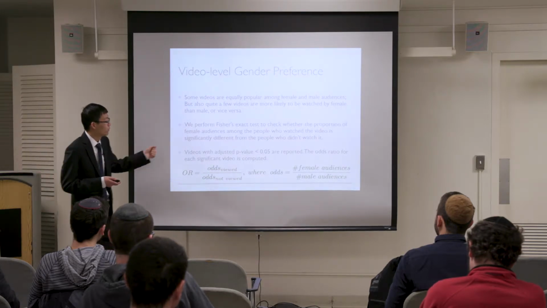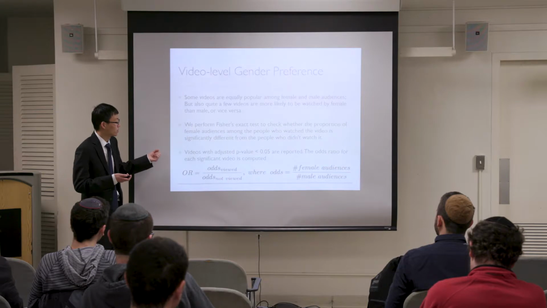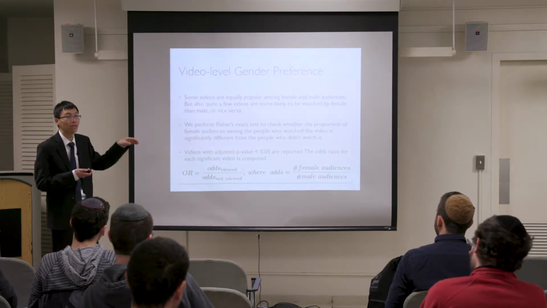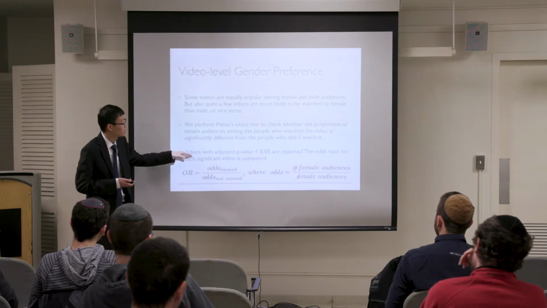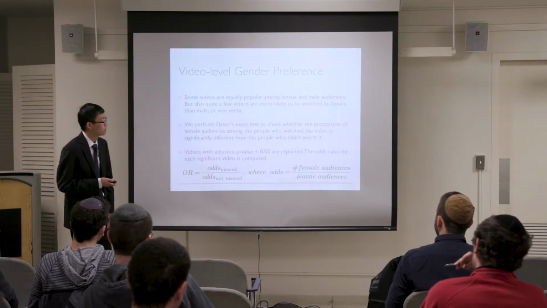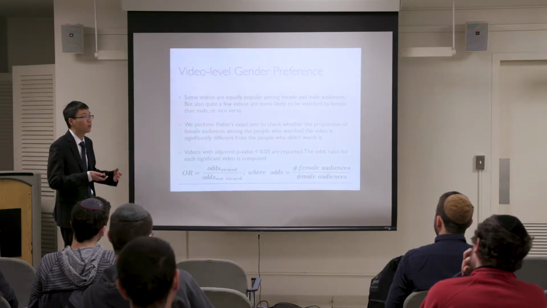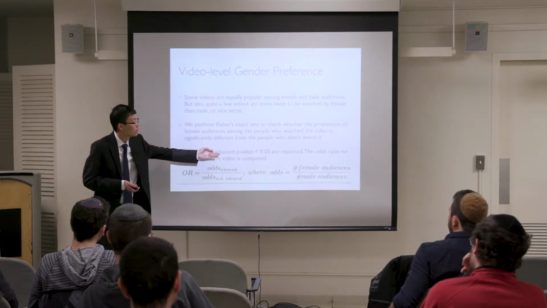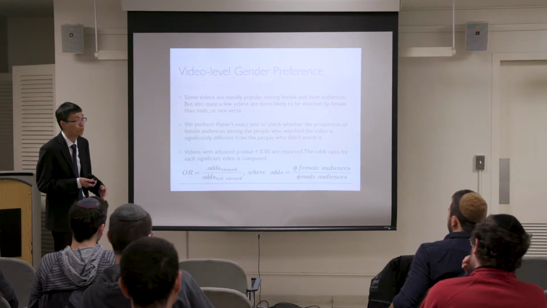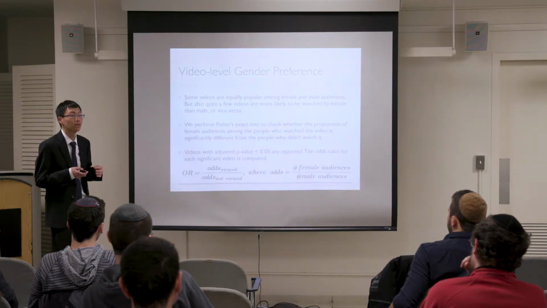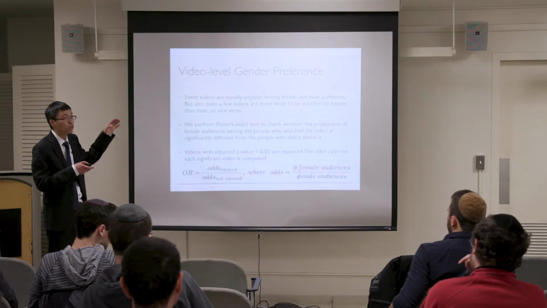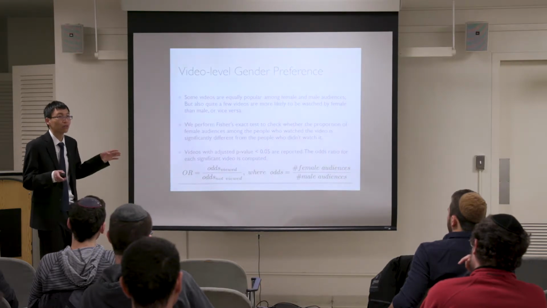Because this is a multiple testing problem, we repeatedly tested, so we adjust the p-values with FDR or Bonferroni adjustment. Then the videos with adjusted p-value less than 0.05 are reported as significant videos. We say there is a significant difference between the people who watched the video and the people who didn't watch the video.